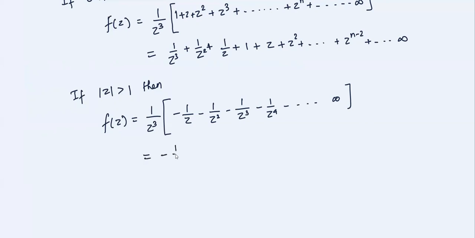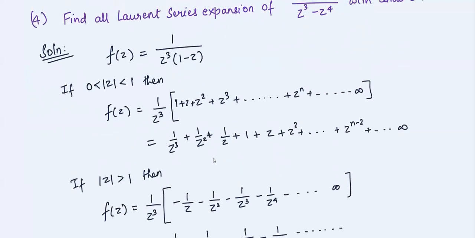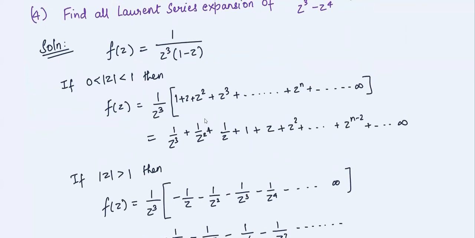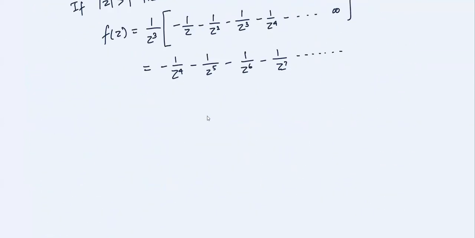So we get minus 1 upon z power 4 minus 1 upon z power 5. So we see how to expand Laurent series without using formula, just by simple tricks. All you need to know is basic series, geometric series expansions.